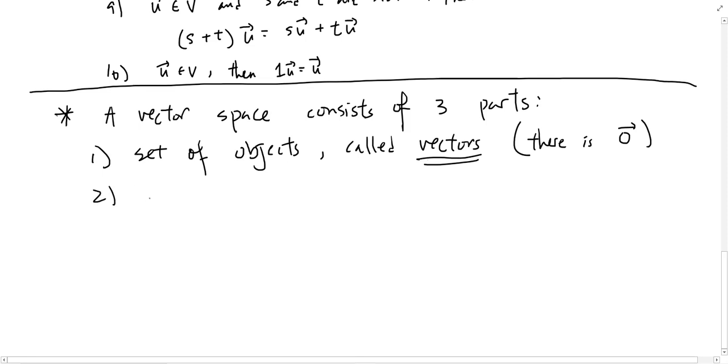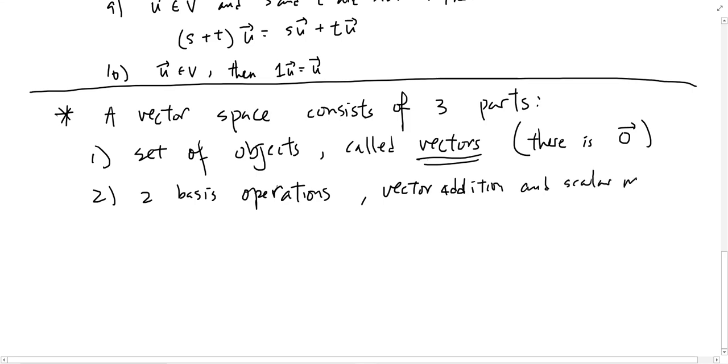Number two, two very basic operations. What are these two basic operations? Vector addition, which allows us to add two objects together, and scalar multiplication, which allows us to multiply an object by a scalar.